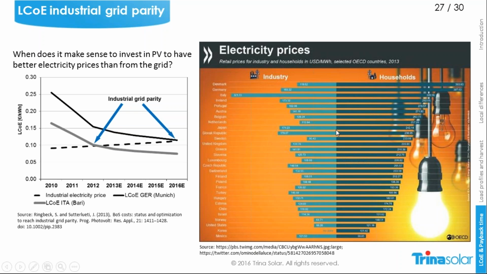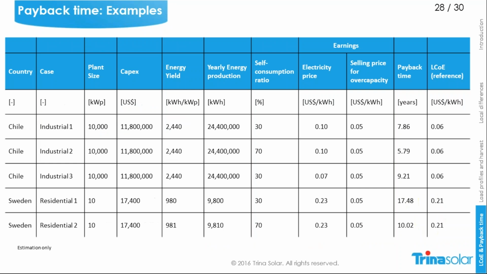Here on the right hand side you have a summary about the electricity prices for different countries, and on the next slide I will use, for example, Chile and Sweden for different kinds of applications.